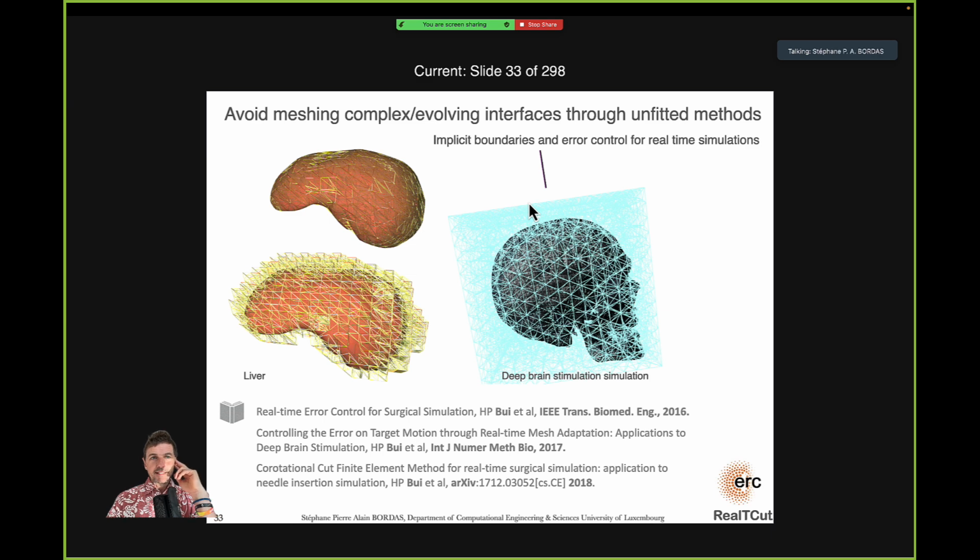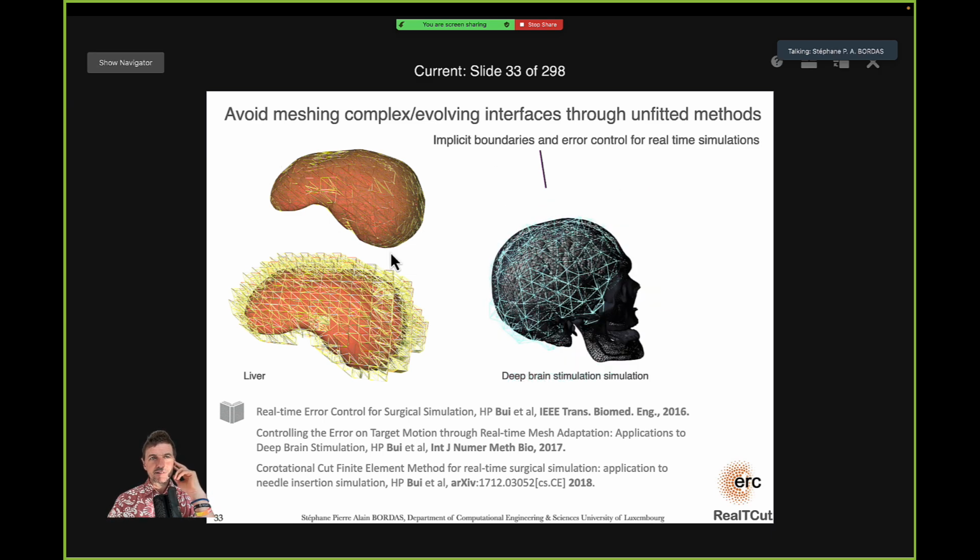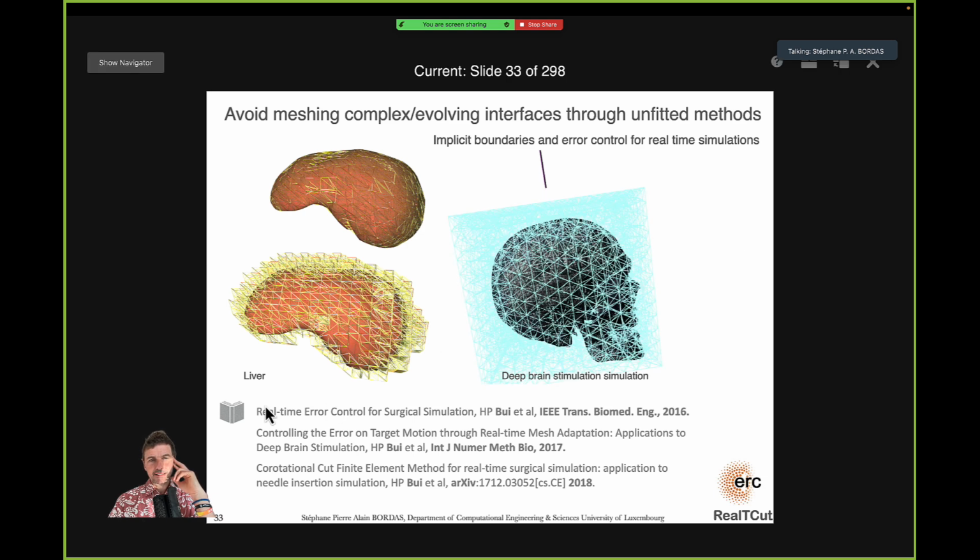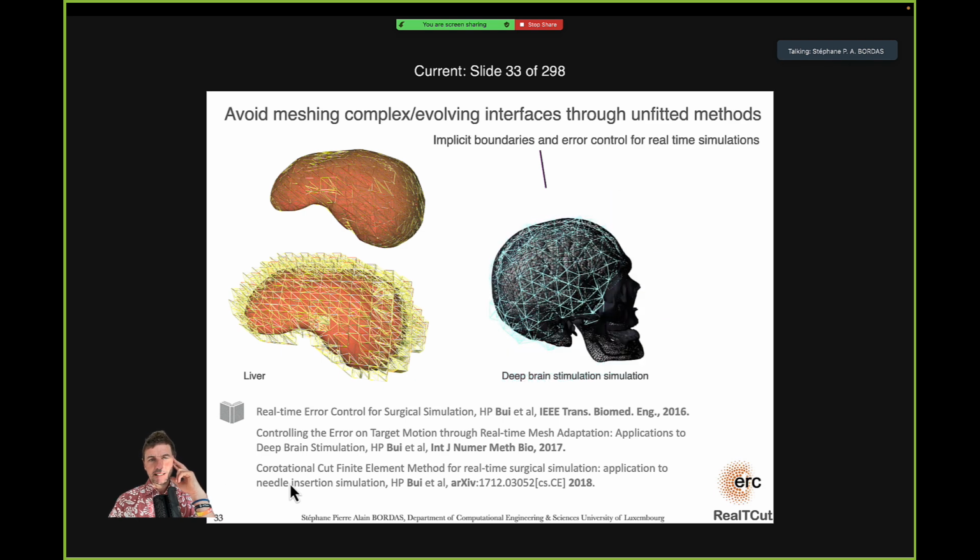Thank you. Okay, so here you should see a slide entitled Avoiding Meshing Complex Evolving Interfaces Through Unfitted Methods. So this is what I will start by motivating the rest of the talk. So here, if you are interested in details, you can take a look at these three papers, which are the first time, to my knowledge, that people compute adaptive meshes for real-time simulations.